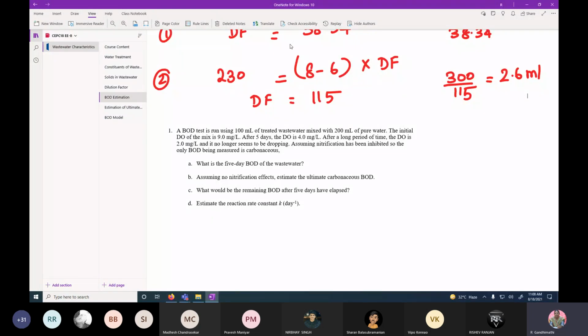With the data, you have to find BOD5,20, the ultimate BOD, the BOD remaining after 5 days, and also the reaction rate constant.